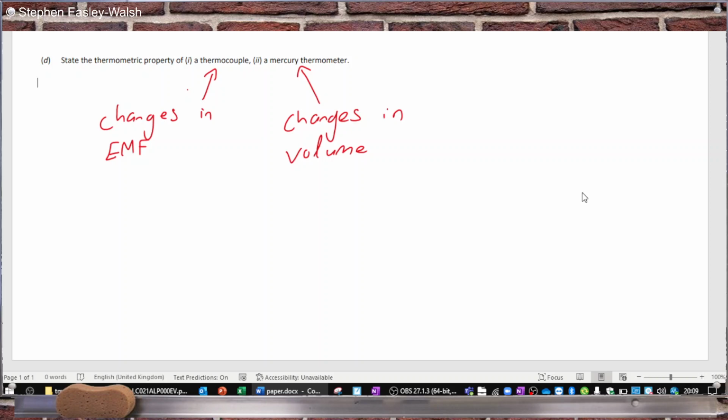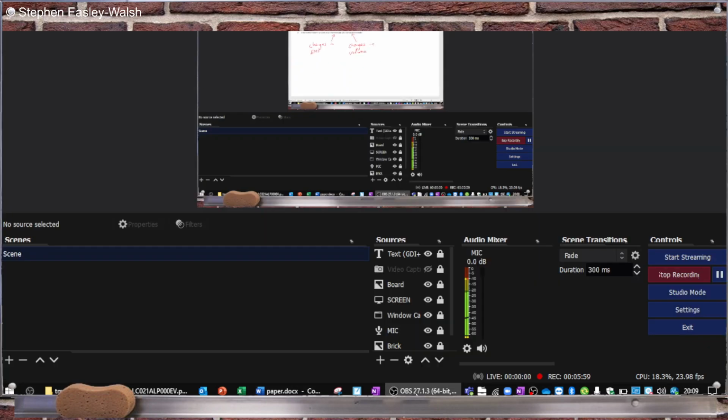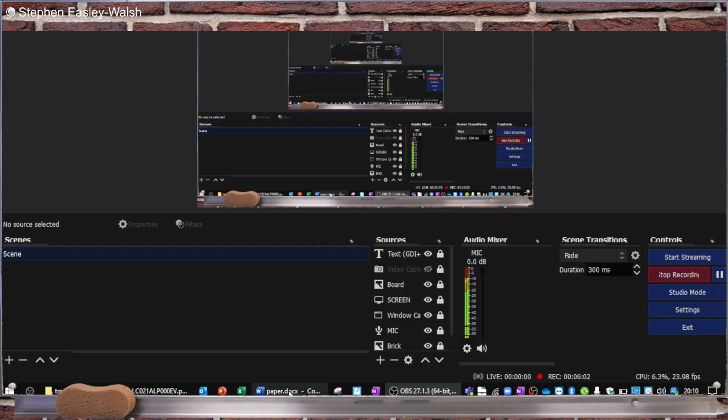And then a mercury thermometer is the one everyone's more familiar with. As it heats up, the mercury expands, and again, this can be used to determine the temperature. So, okay, that's D.